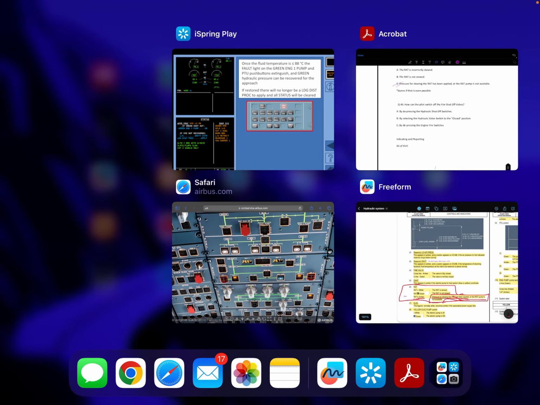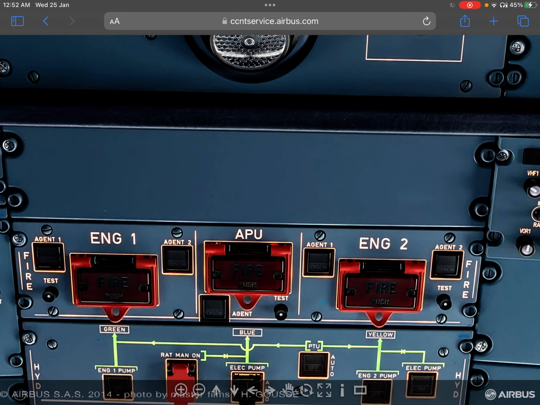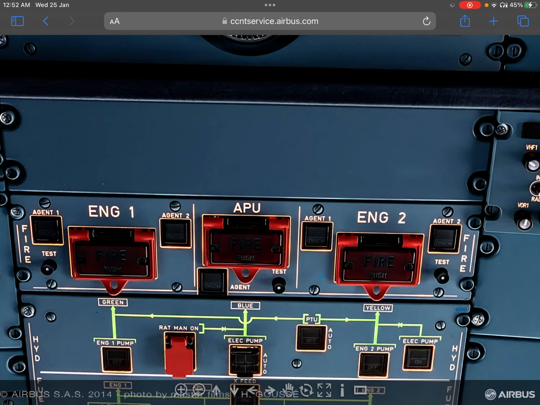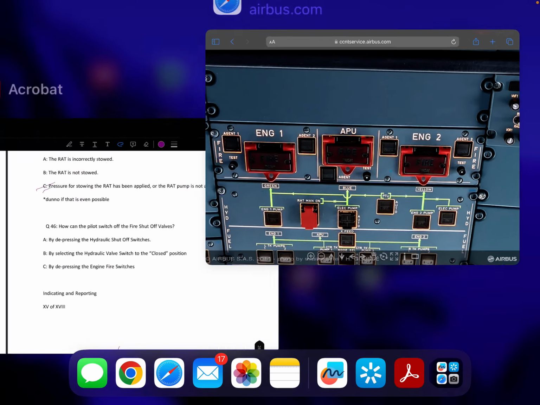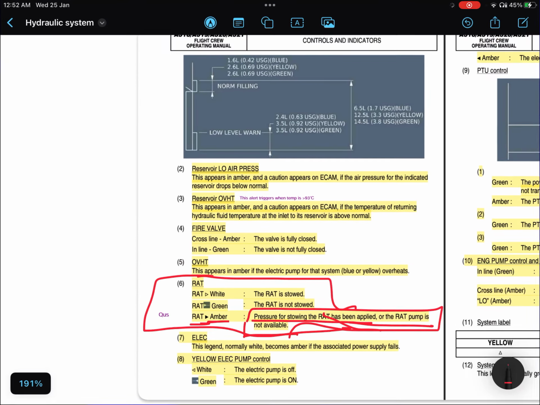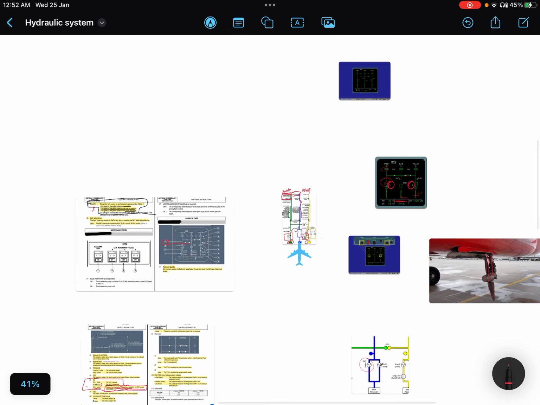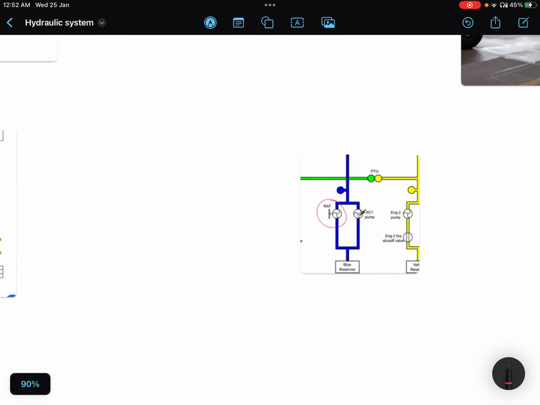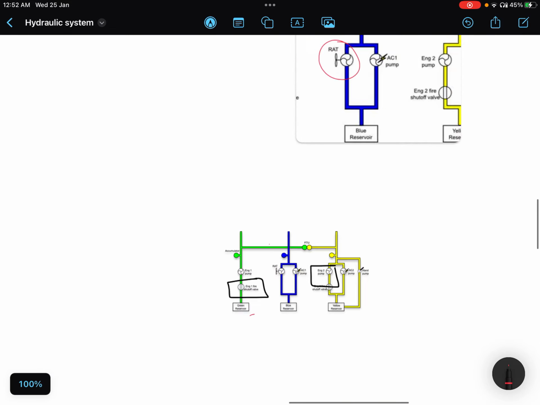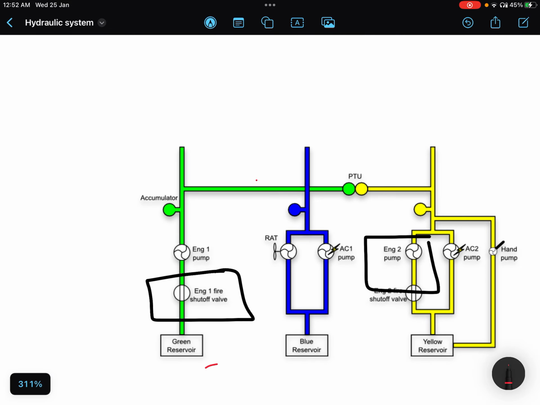Question number 46 and last. How can a pilot switch off the fire shut-off valves? As I told you in that video, the fire shut-off valves are connected with the engine fire switches also. Where are these? These are the engine fire switches.